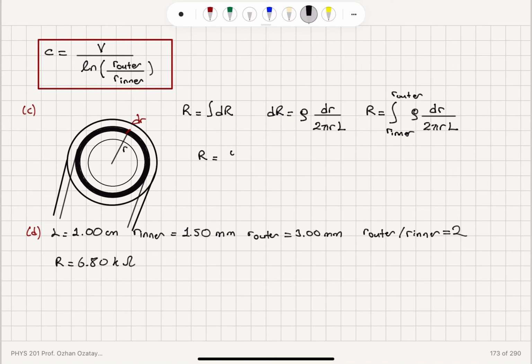I will obtain rho divided by 2 pi L. The integral of dr over r is natural logarithm of r outer divided by r inner.